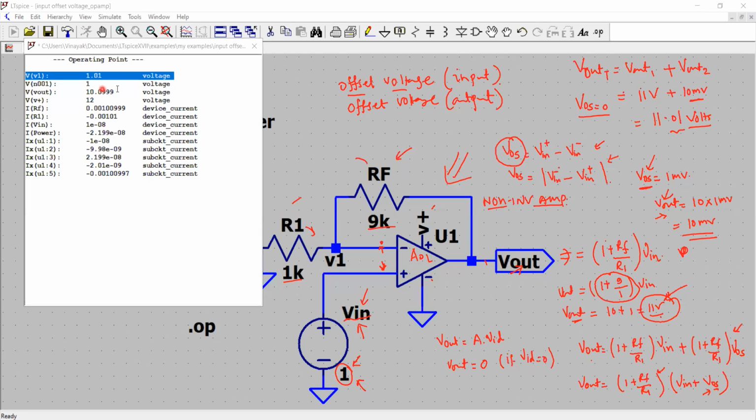So the output voltage is also increased. There is an increment in the output voltage because of the input offset voltage. You have an output offset voltage along with the regular output voltage. So in precision amplification, you want to avoid this effect.